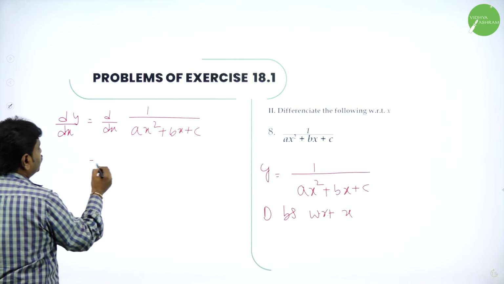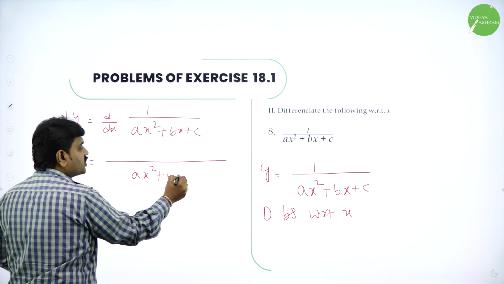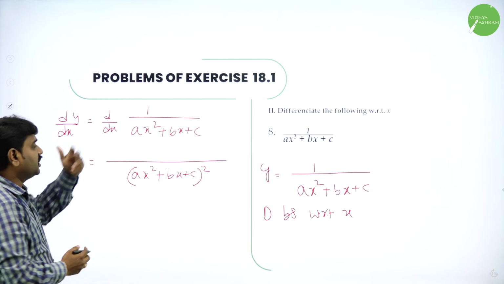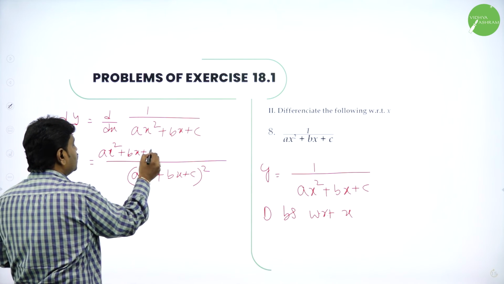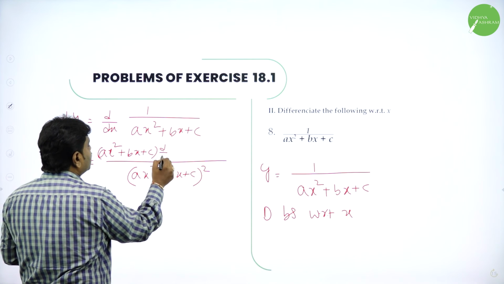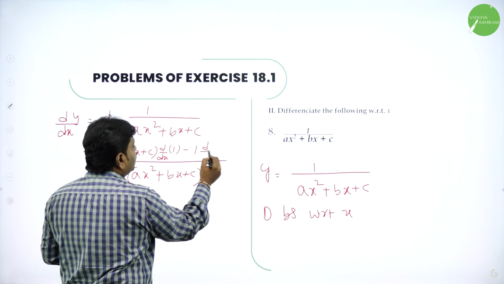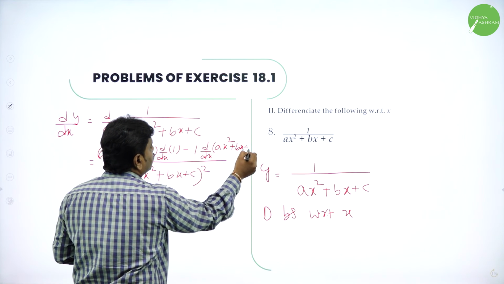So now quotient rule: in the denominator, ax square plus bx plus c the whole square. In the numerator, denominator into derivative of numerator, that is ax square plus bx plus c into d by dx of numerator, which is 1, minus numerator into d by dx of denominator. What is denominator? Ax square plus bx plus c.